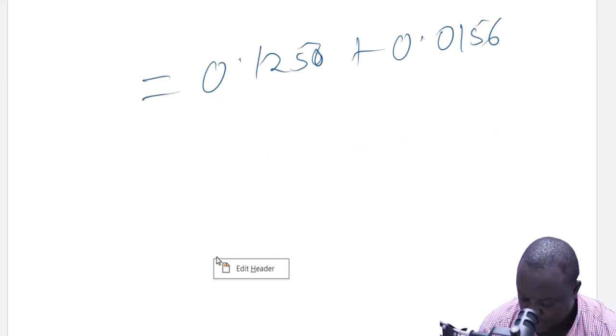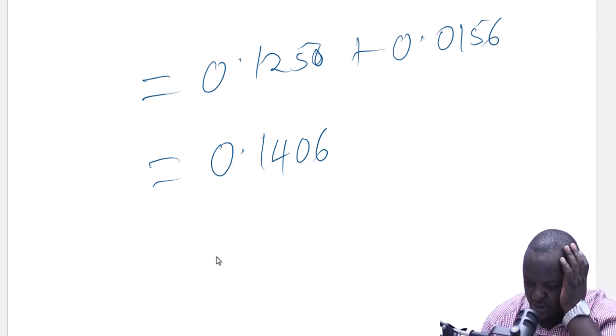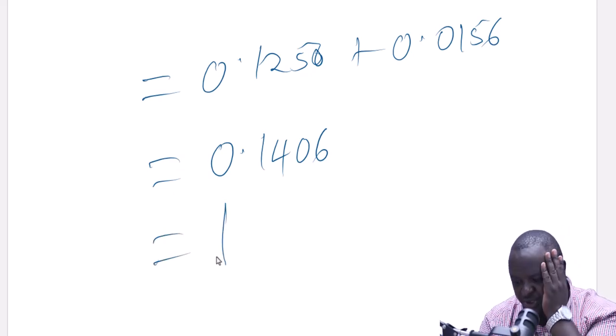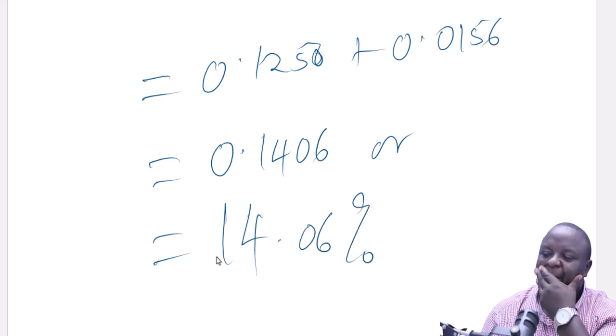So if you add 0.1250 plus 0.0156, you will get 0.1406. If you change that into a percentage, that is going to be 14.06%. So that is the right answer.